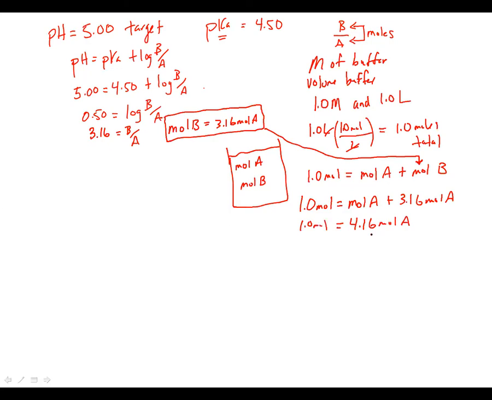We divide both sides by 4.16. That would tell us that the moles of acid in this made up buffer should be 0.24 moles.